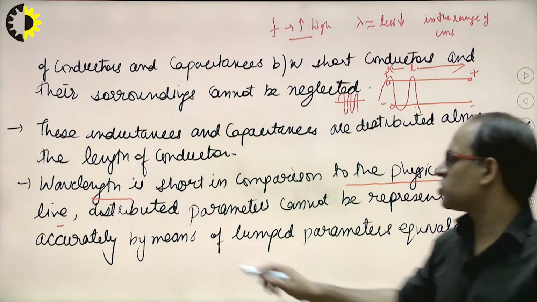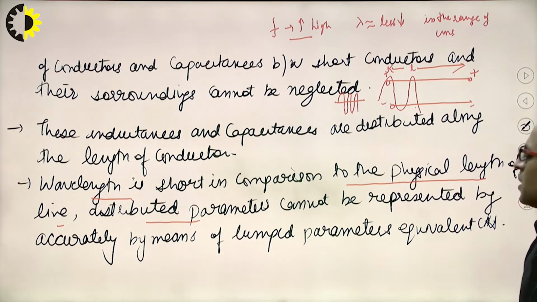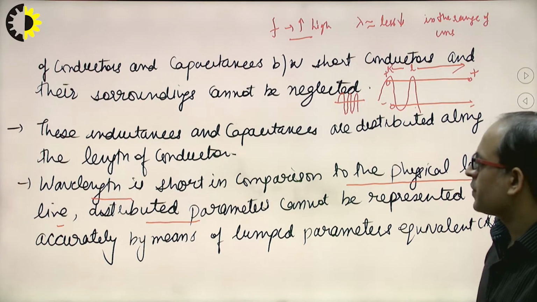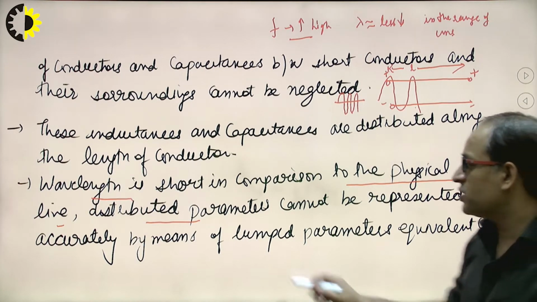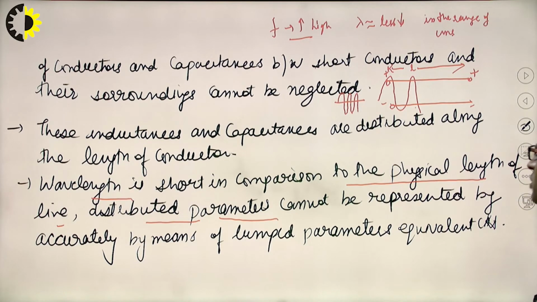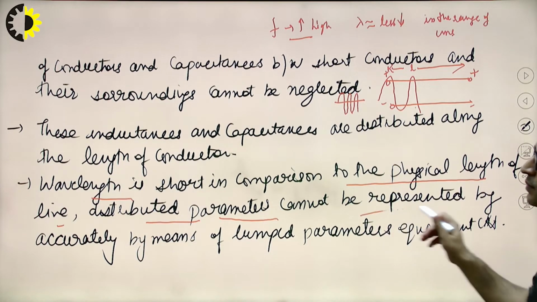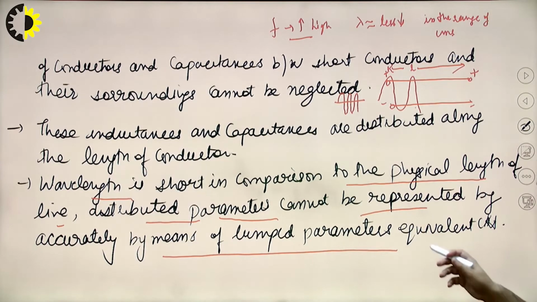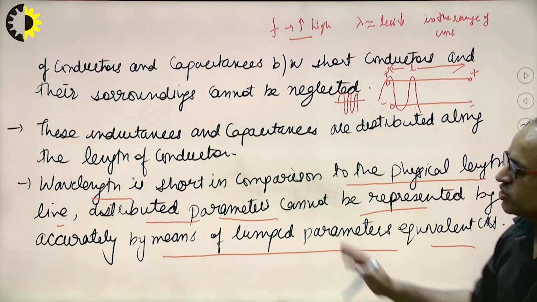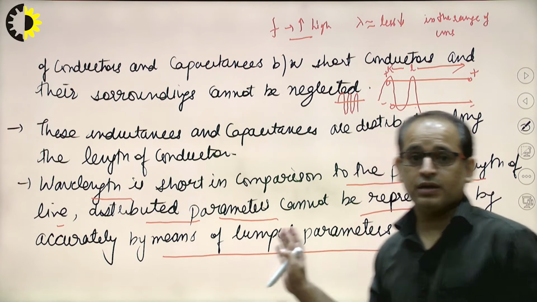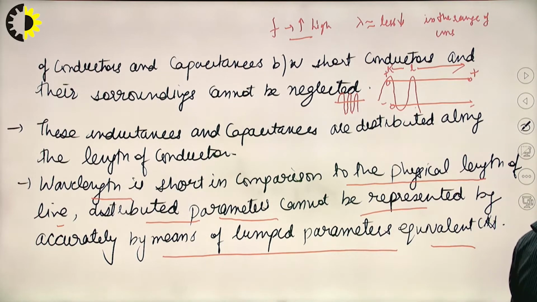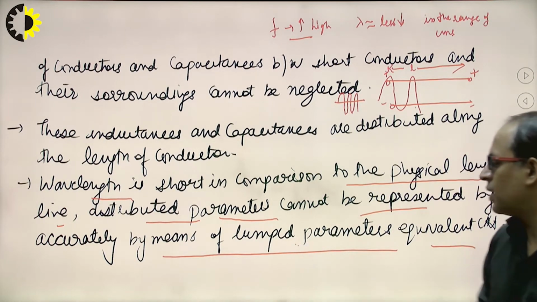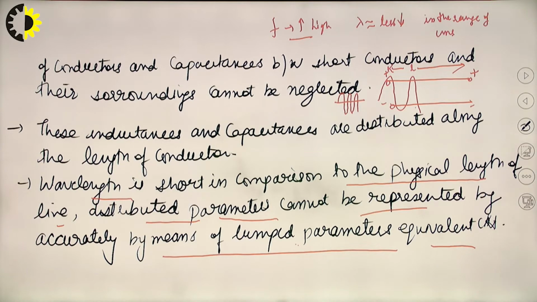Clear. So that's why distributed parameters are used, and these distributed parameters cannot be represented equivalently by means of lumped parameters. These distributed parameters cannot be represented accurately by means of lumped parameters.